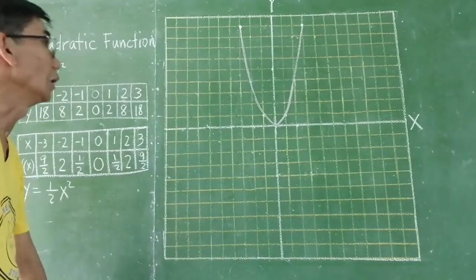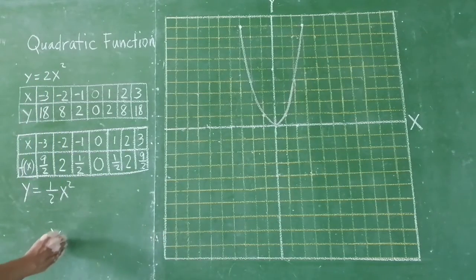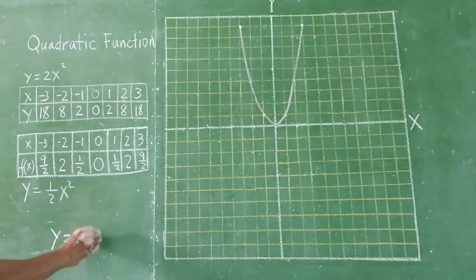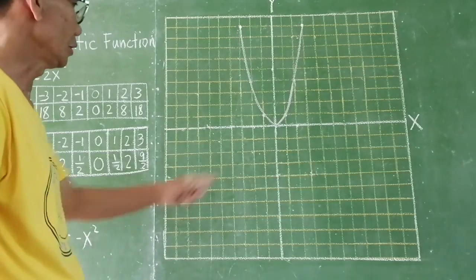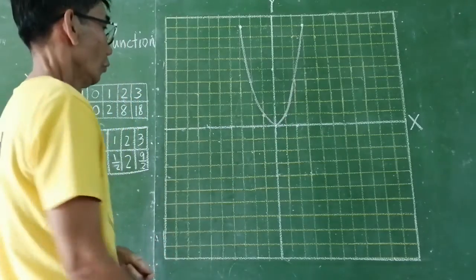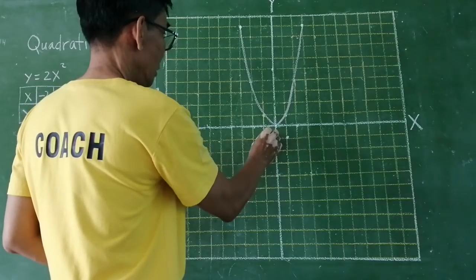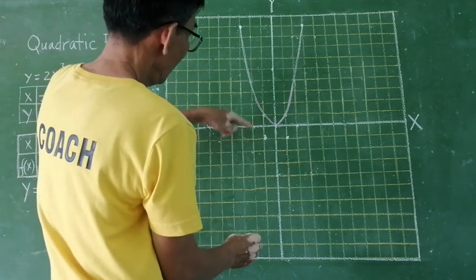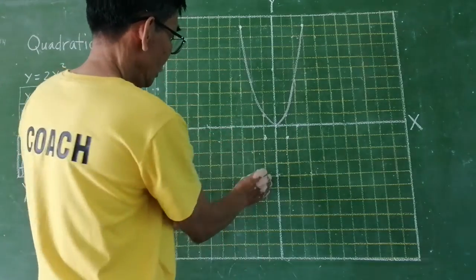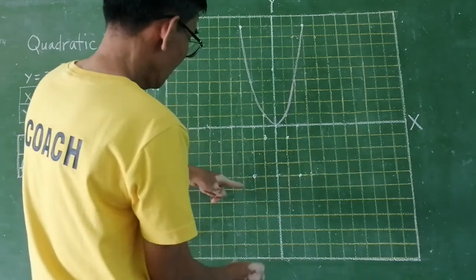So supposing y is equal to negative x squared, so the tendency is we have still this as your vertex, and you just reflect these points here.